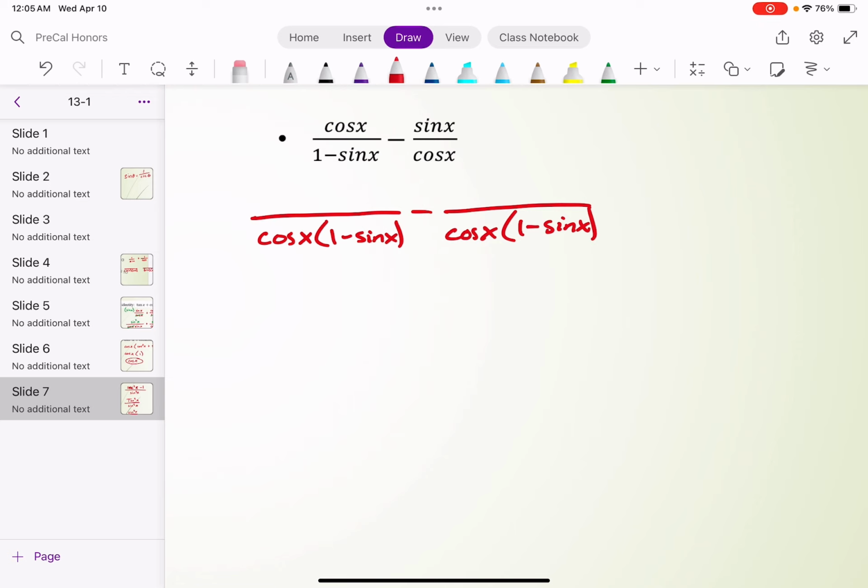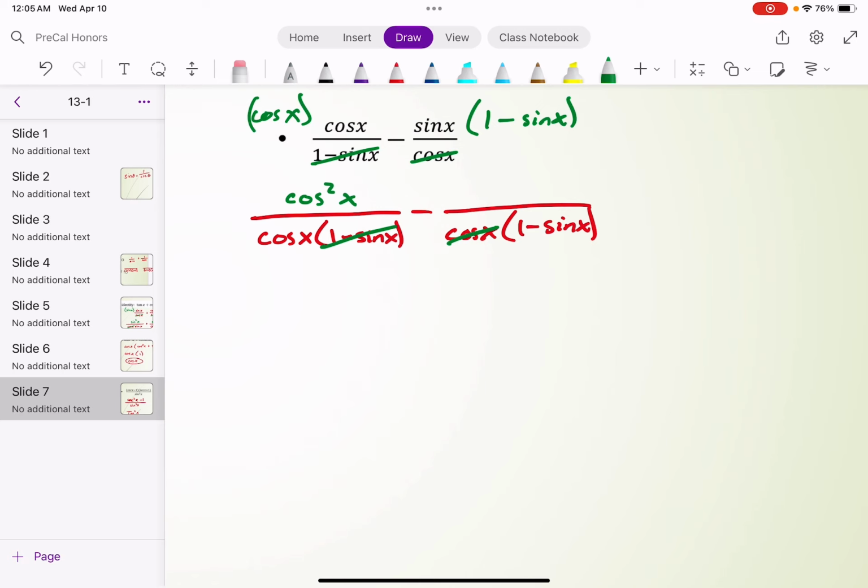We're going to figure out our new numerators. These two denominators will cancel out. We're left with cosine x times cosine x, which will leave us with cosine squared x. On the right-hand side, cosine x cancels out. We're left with multiplying it against 1 minus sine of x.